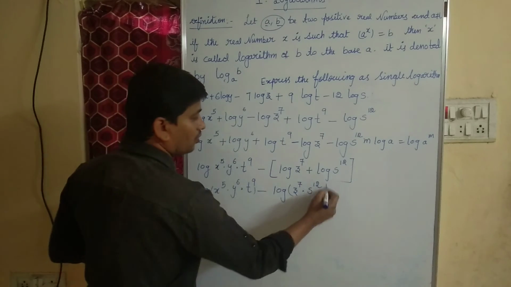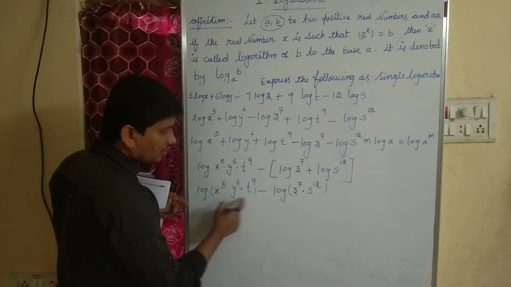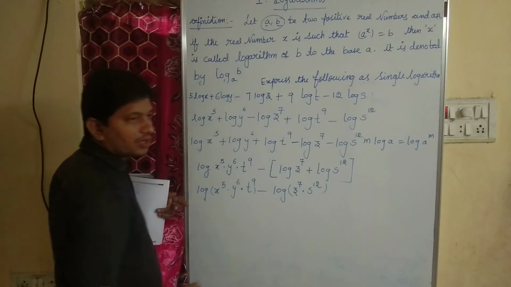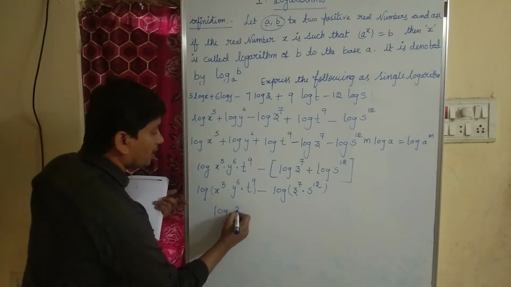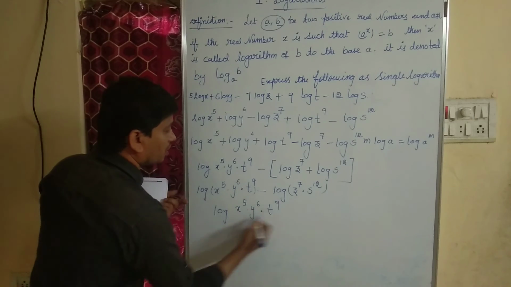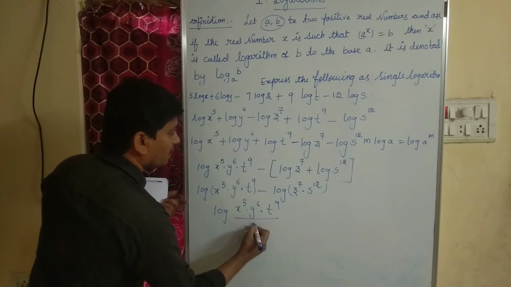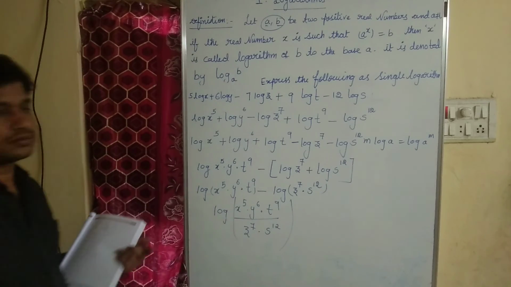Right? Now if you observe again which is in the form of log m minus log n. How can I write as log m minus log n? I can write as log m by n. X power 5 into y power 6 into t to the power of 9 divided by z power 7 into s to the power of 12.